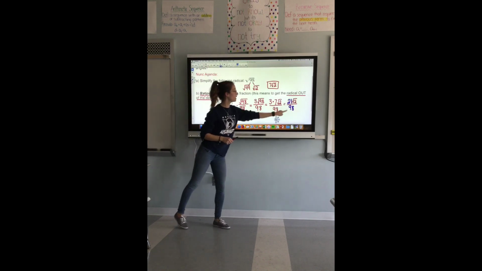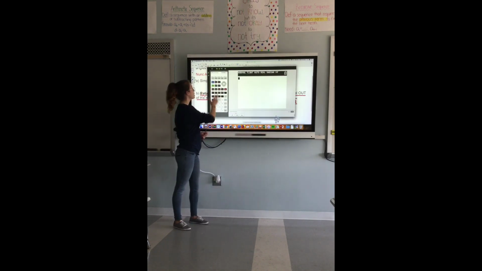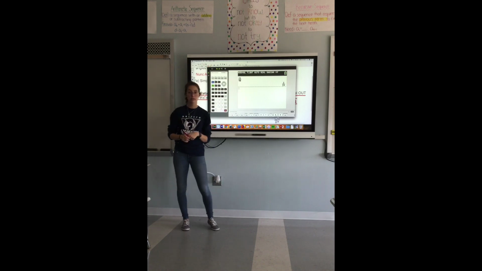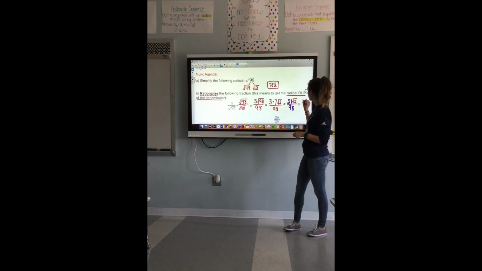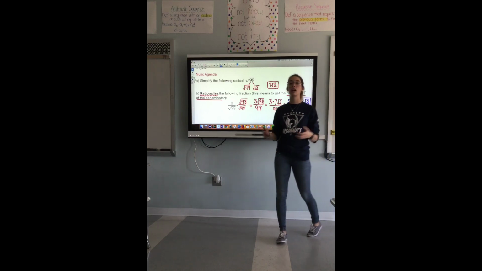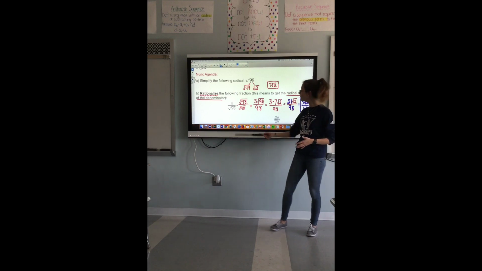So we have 21 over 98. So we go alpha, y equals 21 over 98. Press enter, and it does simplify to 3 over 14. So that's what we're going to write here. We're going to write 3, radical 2 stays there, over 14. So that answer would be a rationalized answer.